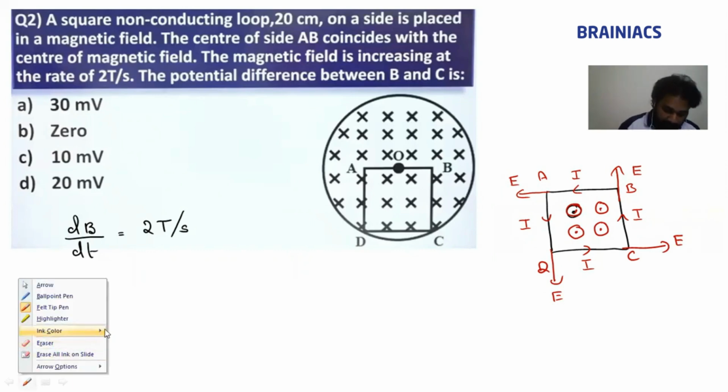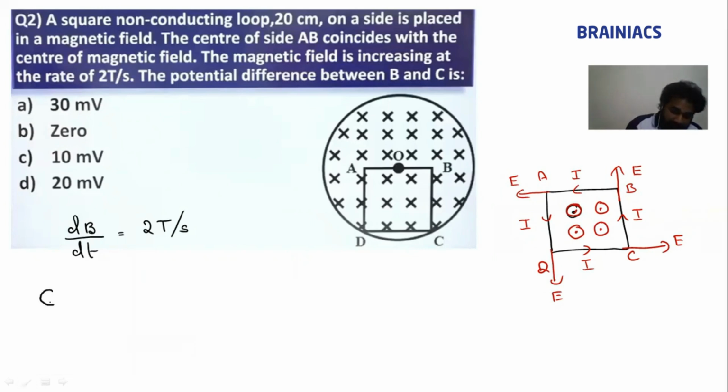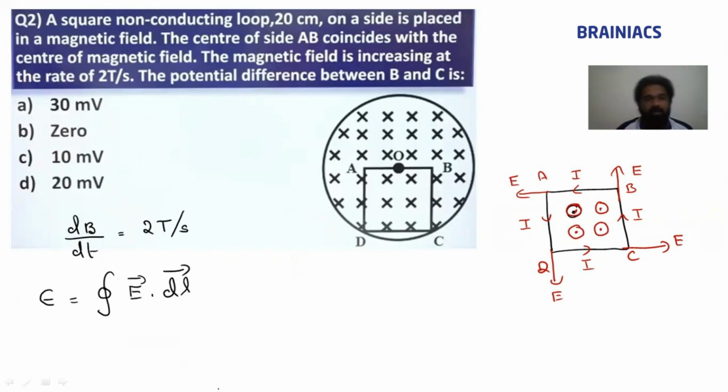Now let us apply our formula. The EMF is equal to the closed line integral of E dot dl. Now here, the electric field is constant everywhere, because the same current is passing through this. If we try to integrate this, the electric field we can take outside because it is constant.